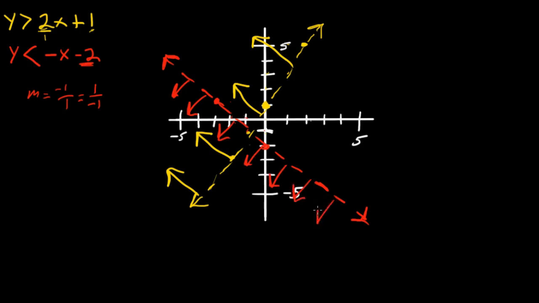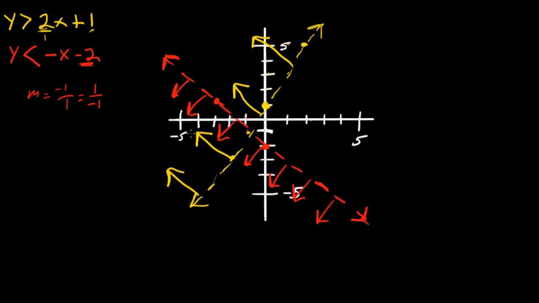And now we look for the overlap. Okay, where is that overlap? Okay, and well, here we only have solutions to the yellow inequality. Here we don't have solutions to either one, nothing here. Right in this area, of course the lines are our boundaries. So right in here, this is only solutions to the red.